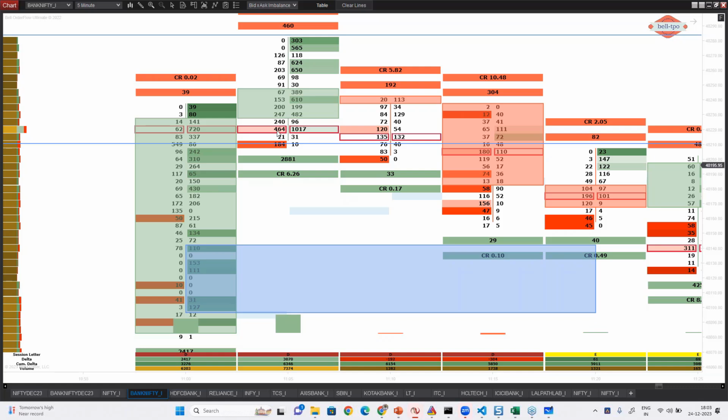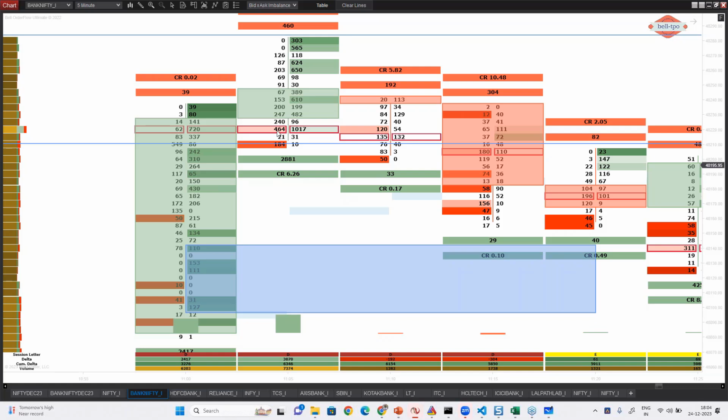And such kinds of bars have 60% odds. Remember, 60% odds that it could become the top for the day. That's how powerful the importance of that particular bar is. If you are just looking at a trapped buyer or a trapped seller, it may be a day high or it may be a day low.